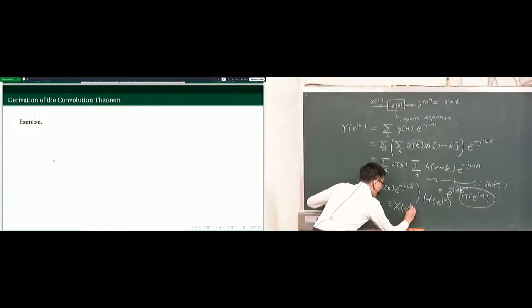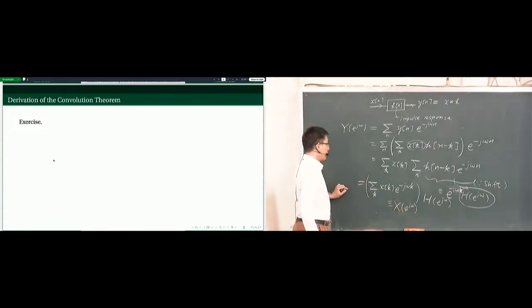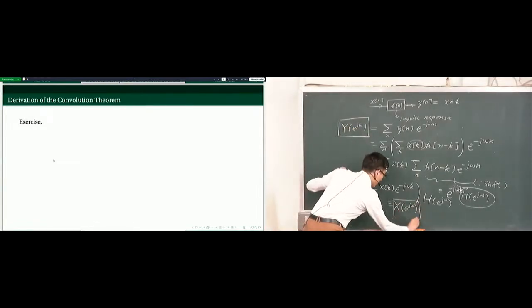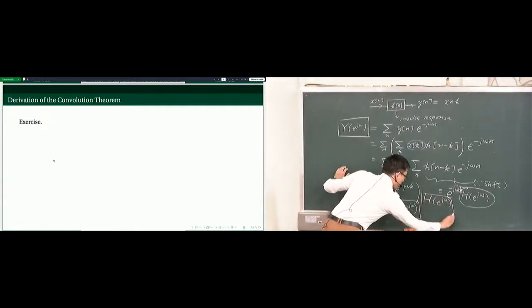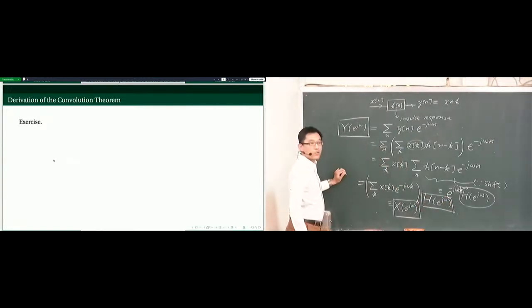By definition, that's the DTFT of x evaluated at ω, where k is a dummy variable. So now on the left-hand side, we have big Y. On the right-hand side, we have the product of H and X. So that finishes our concise proof of the convolution theorem.